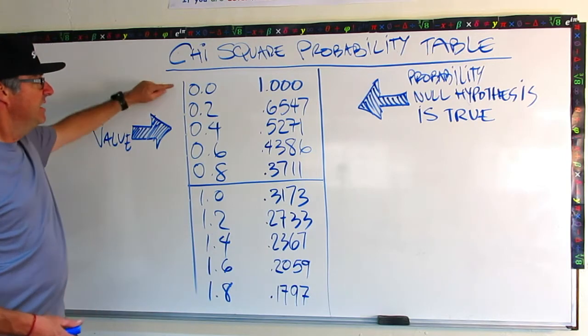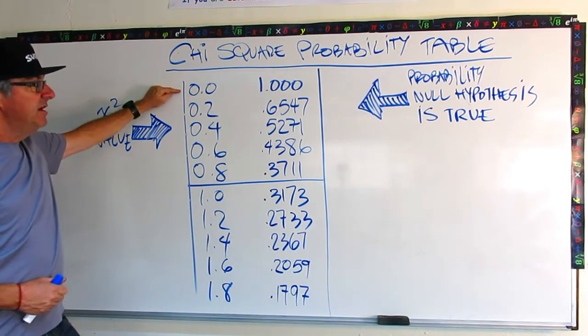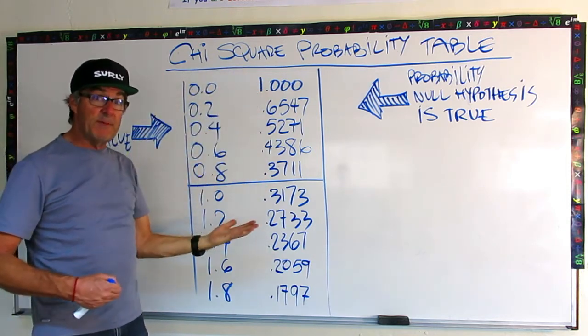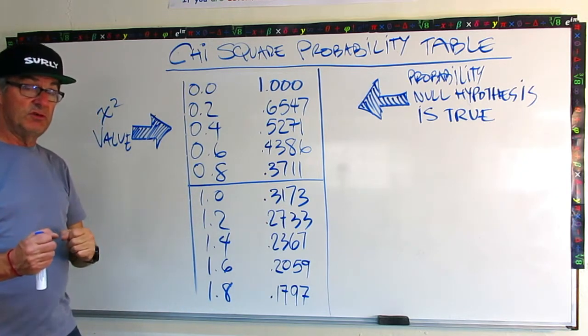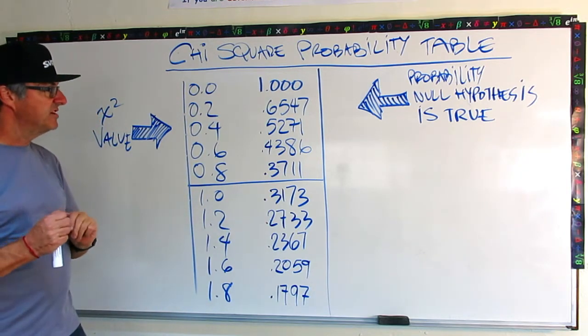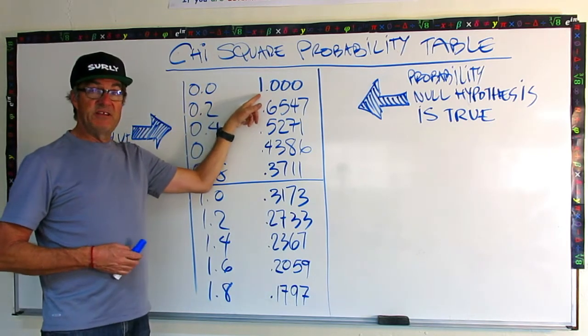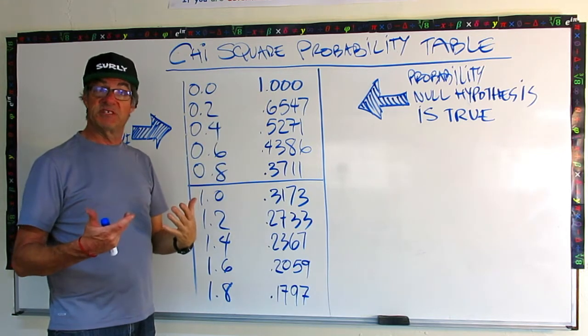So, if the chi-square is 0, actually let me back up just one sec. Before we do that, let's take a look at the second column. This is the probability that the null hypothesis is true. Okay, so let's take a look at that for a sec. Chi-square is 0. The probability that the null hypothesis is true is 1, or 100%.